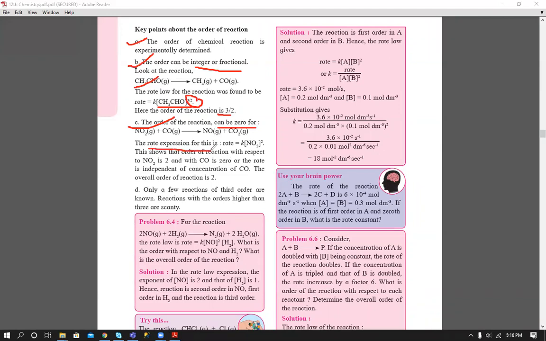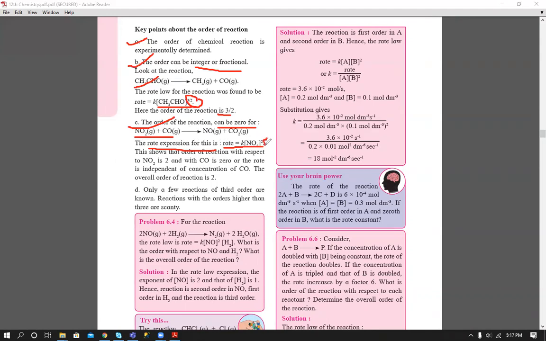In the rate expression for this, rate is equal to k[NO2] squared. In this reaction there are two reactants, NO2 and CO, but the rate of reaction depends only on the concentration of NO2. So NO2 is written, CO is not written. So the order of reaction with respect to CO is 0, the order with respect to NO2 is 2, and the overall order is 2 plus 0.